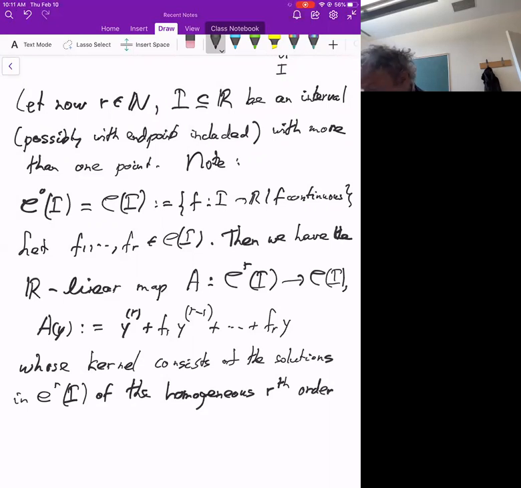The order here refers to the r, the highest derivative that shows up, which is often then written as an equation.